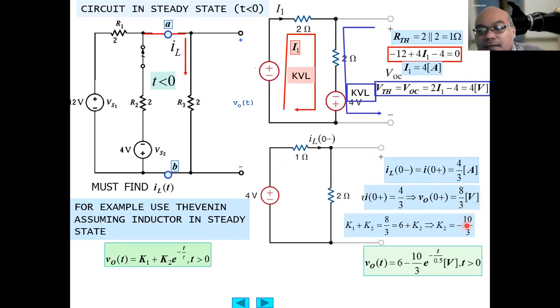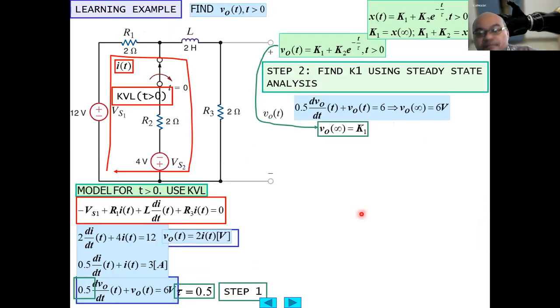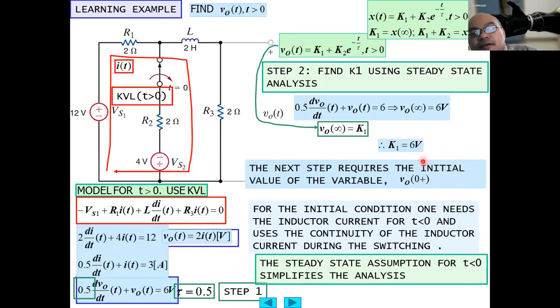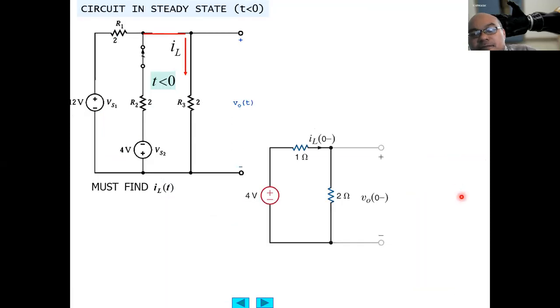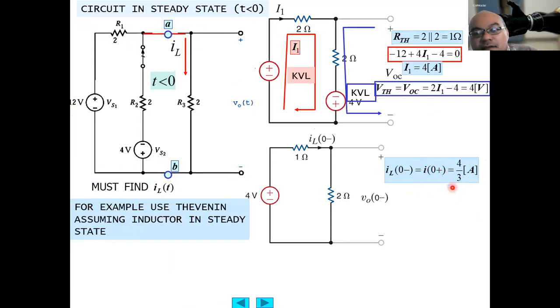Okay, so then we can insert this 8/3 volt into the previous standard equation. We know the K1 equals 6 volt. 6 plus K2 equals the V output, which we have calculated just now using the Thevenin equivalent circuit.